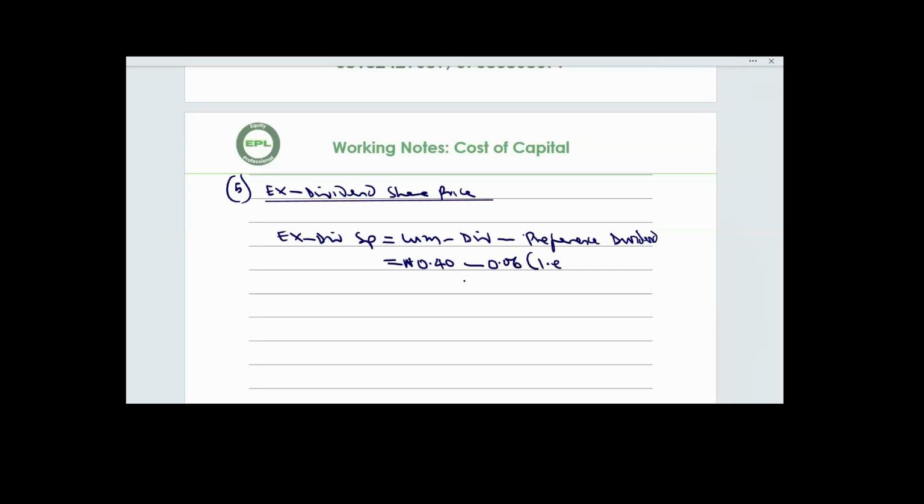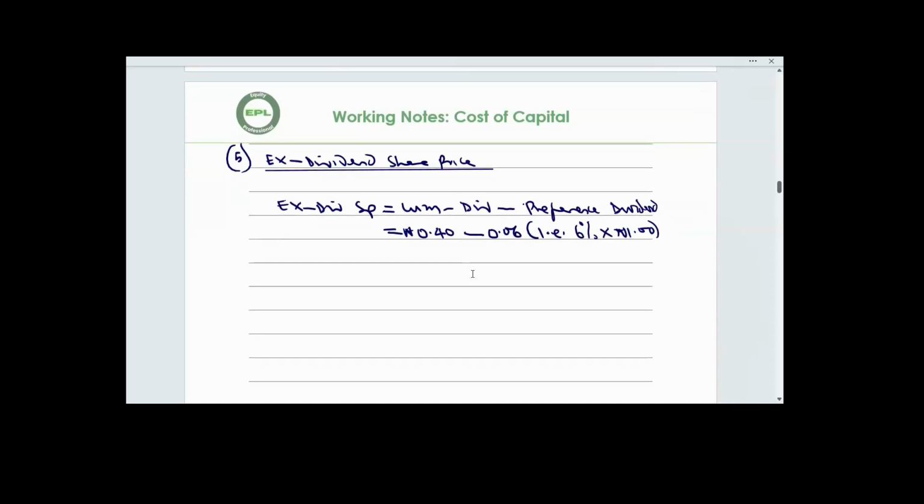That is 6% multiplied by 1 naira. Okay, 6% of 1 naira. So that's how we got that 6 kobo. Therefore, XDIV share price is 34 kobo.